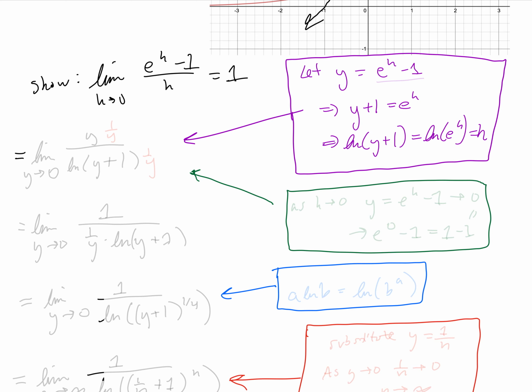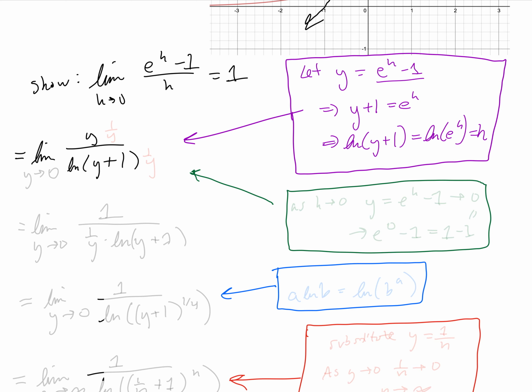So this is equal to the limit of e^h - 1, that's y, so this is just y divided by, we saw that h was equal to ln(y + 1), so ln(y + 1). And we want to write this limit in terms of y.